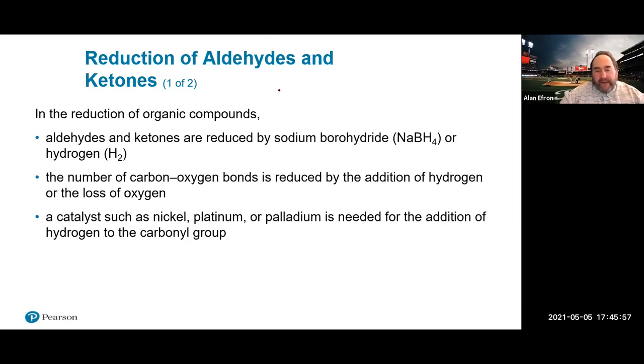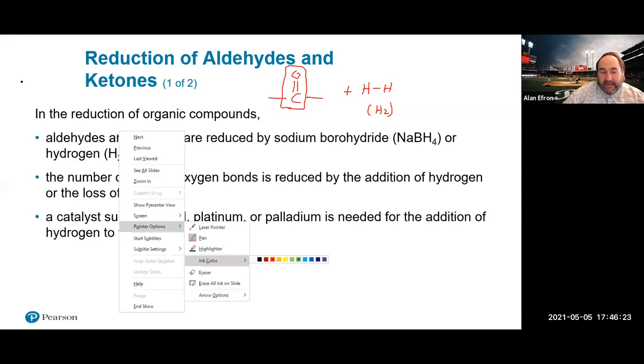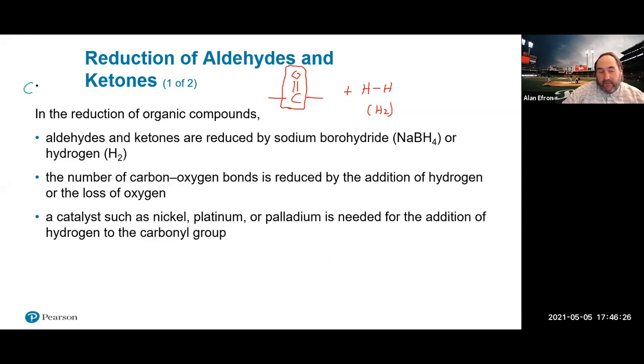But for both an aldehyde or a ketone, the important part of the structure is right here. It's this guy right here, whether it be a hydrogen at the end or another carbon, that if you decided to do the reduction reaction, which again is H2, what's going to happen, and I think I might have gone over this last time as well, but just to reiterate, is the exact same reaction that happens when we talked about breaking a carbon-carbon double bond in an addition reaction with H2.